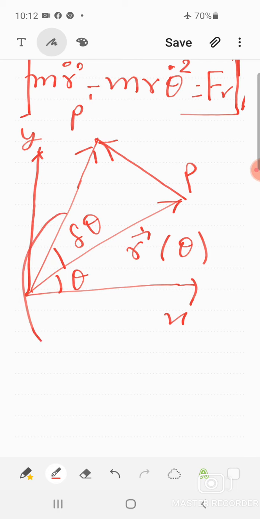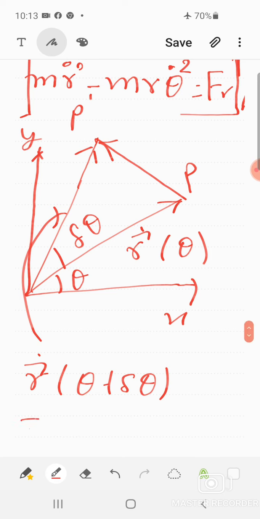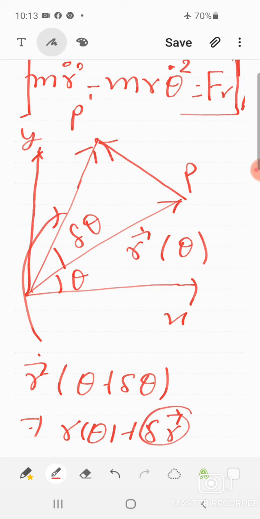Then this position vector will be r at theta plus delta theta, and let this be equal to r at theta plus delta r, where delta r is the change in the position vector due to the change in the polar coordinate delta theta.